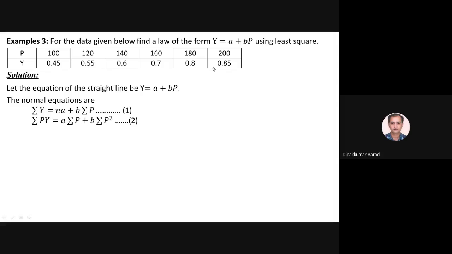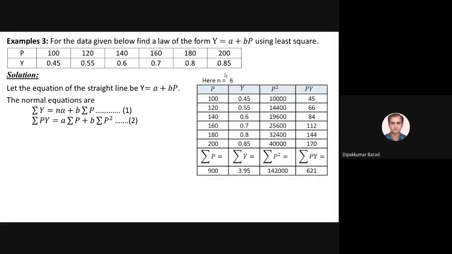And now we have to find out the sum of these two. 0.5 plus 0.8, so 3.3, 3.3 and 0.85, so 4.15. Okay, 3.95, sorry.